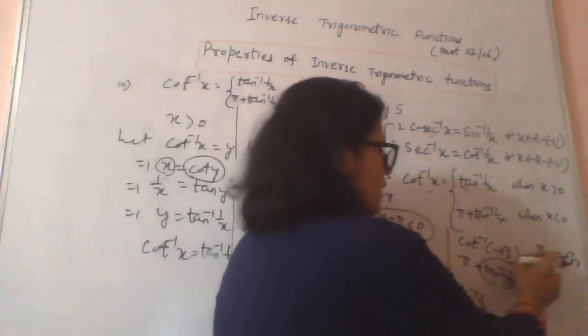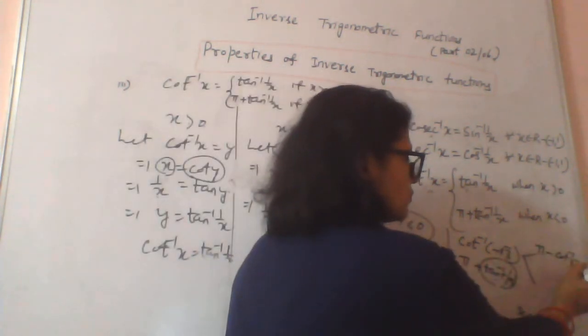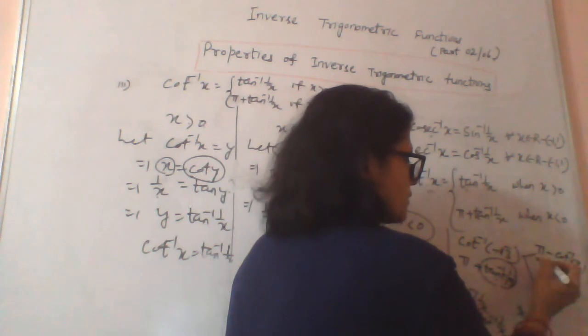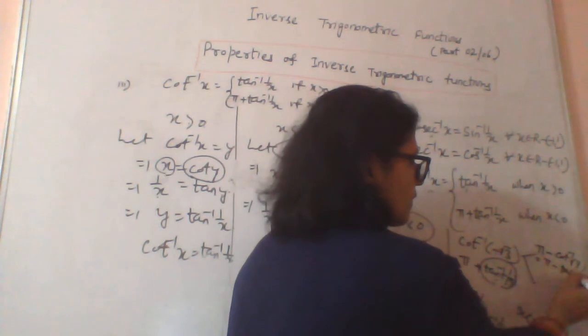Now this is equal to pi minus tan inverse 1 by root 3.